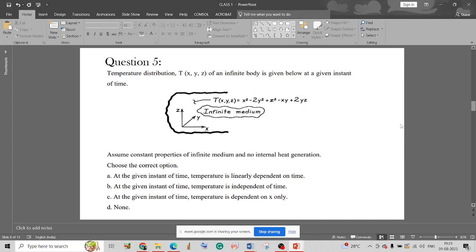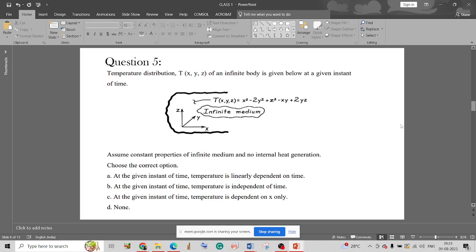Okay, so here, as we can see, there is a temperature distribution given of a medium of an infinite body, and the temperature distribution is given over there at a given instant of time. So assume constant properties of the infinite medium and no internal heat generation. Choose the correct option. At the given instant of time, the temperature is linearly dependent on time.